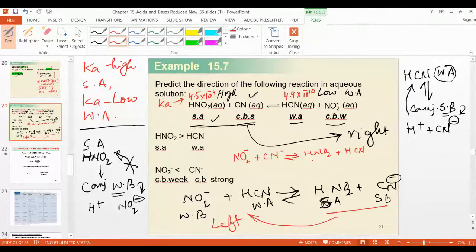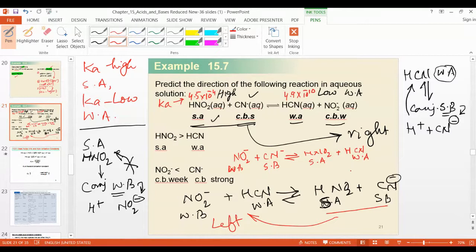This is a strong acid, this is a weak acid, this is a strong acid, so this is a weak base. This is a weak acid, so this is a strong base. Okay, so here is weak base, strong acid, and strong base, so strong acid, weak base, weak acid.